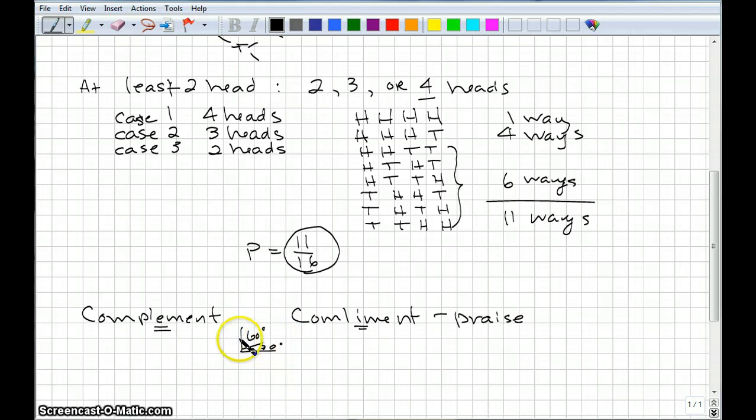And so in this case, when we're talking about probability or counting, we can count the complement of at least 2 heads, and the complement of at least 2 heads is that we have less than 2 heads.